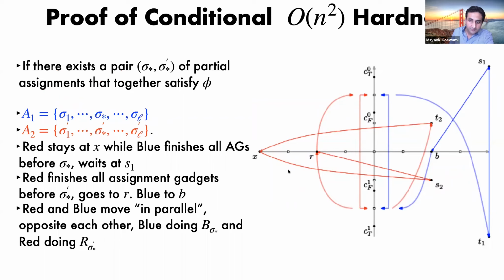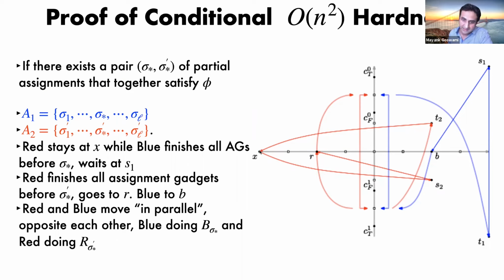And one thing that is easy to show is that if there is a pair of partial assignments that together satisfy the formula, then red and blue can work so that they always maintain a distance 1 between them. And how do they do this?